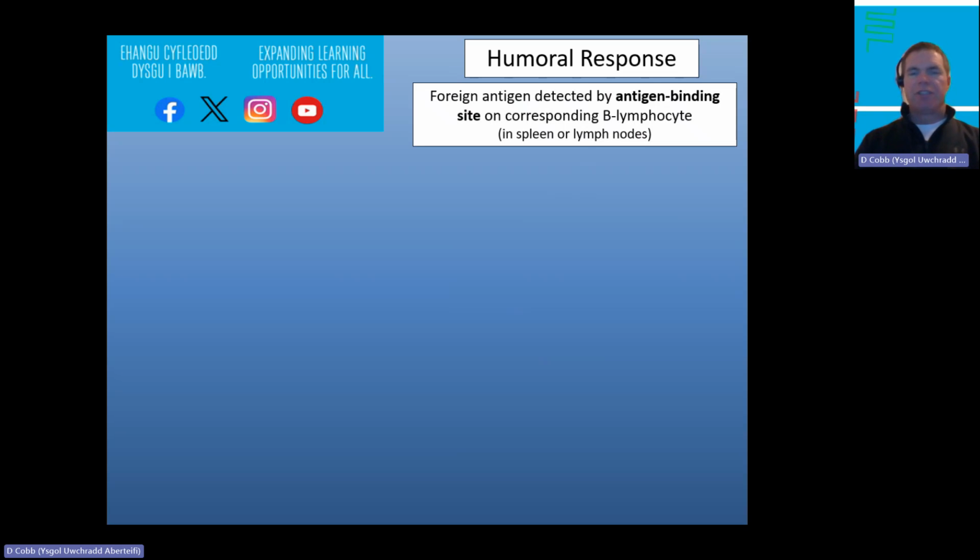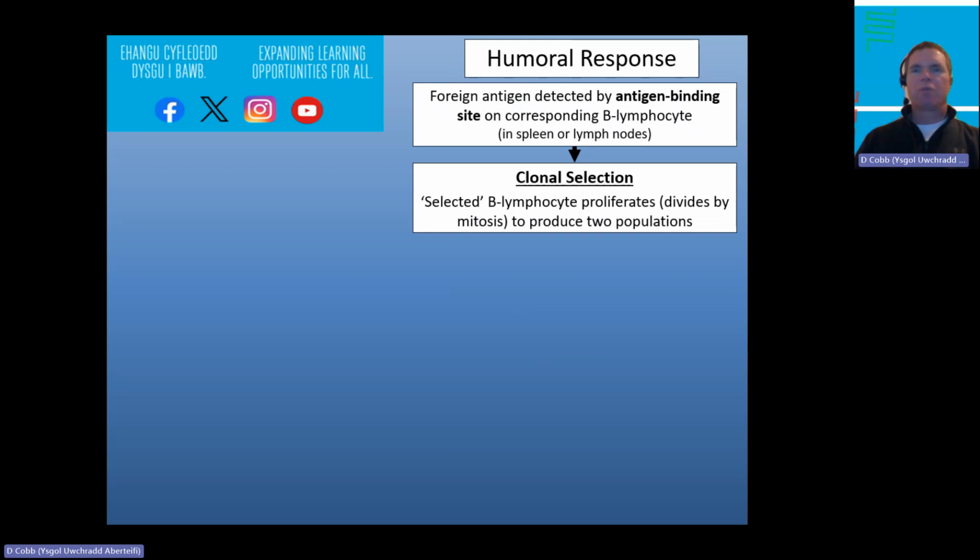So for every foreign antigen that enters our body, there will be a B lymphocyte which is specific to it, that will be detected by it. All B lymphocytes are unique, and only one will be specific to a particular foreign antigen that enters the body, and all that happens in the spleen and the lymph nodes.